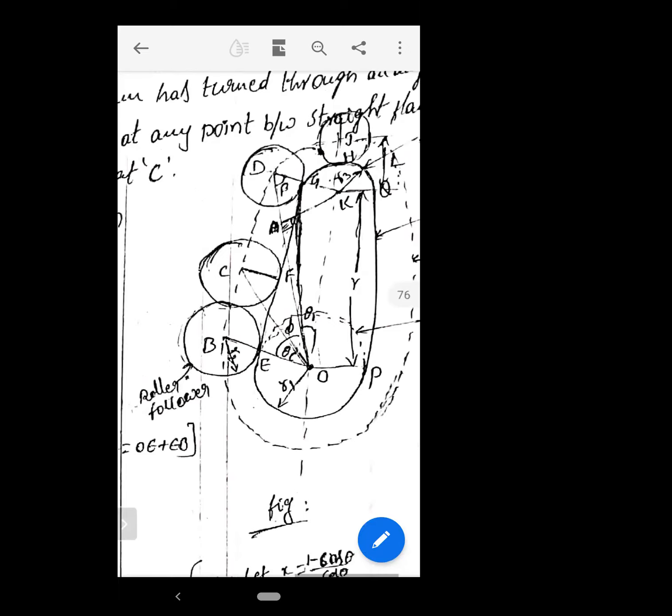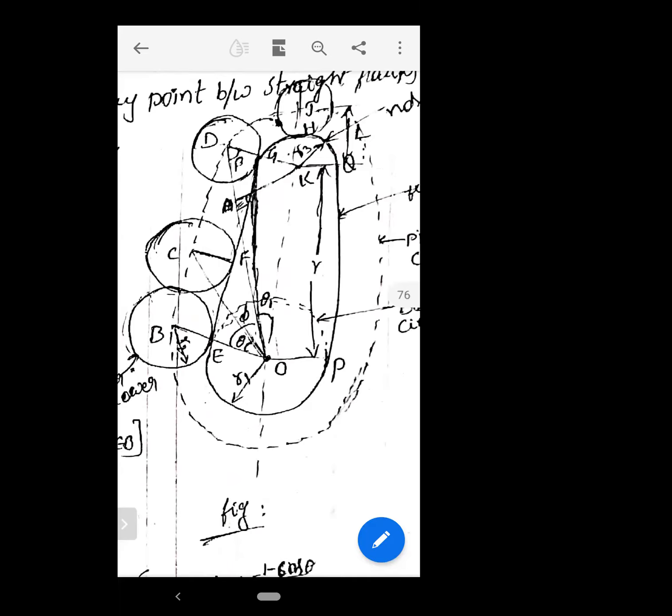That is the triangle OBC, the face triangle. The triangle BOD is our phi, the maximum angle up to our nose circle.